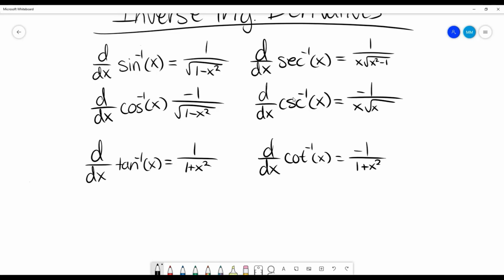So negative 1 over x times the square root of x squared minus 1. Yeah, so we've got sine and cosine. Cosine is the same but negative. Tangent and cotangent. Cotangent's the same but negative. And secant and cosecant. Cosecant's the same but negative. Once again, the ones that start with our co sound are negative, if that helps.